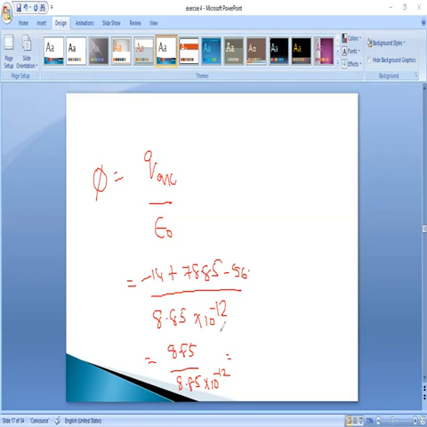Of course, it is in 10 power minus 9, nanocoulomb is given. So it is finally into 10 power minus 9. So then this also will be 10 power minus 9. Then the answer will be 10 cube only. Flux will be 10 cube Newton meter square per coulomb.